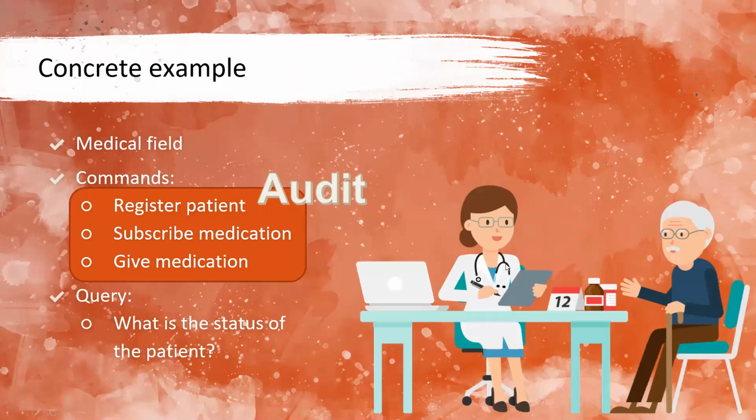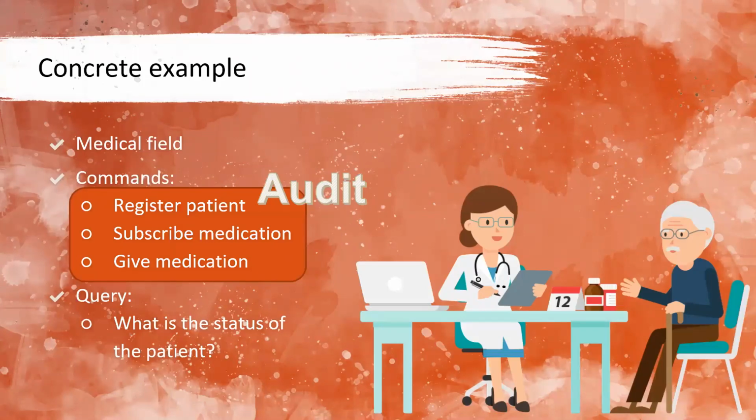This doctor did nothing wrong because she acted on the information that she had. And being able to reconstruct the state at a point in time is also another advantage that we have.